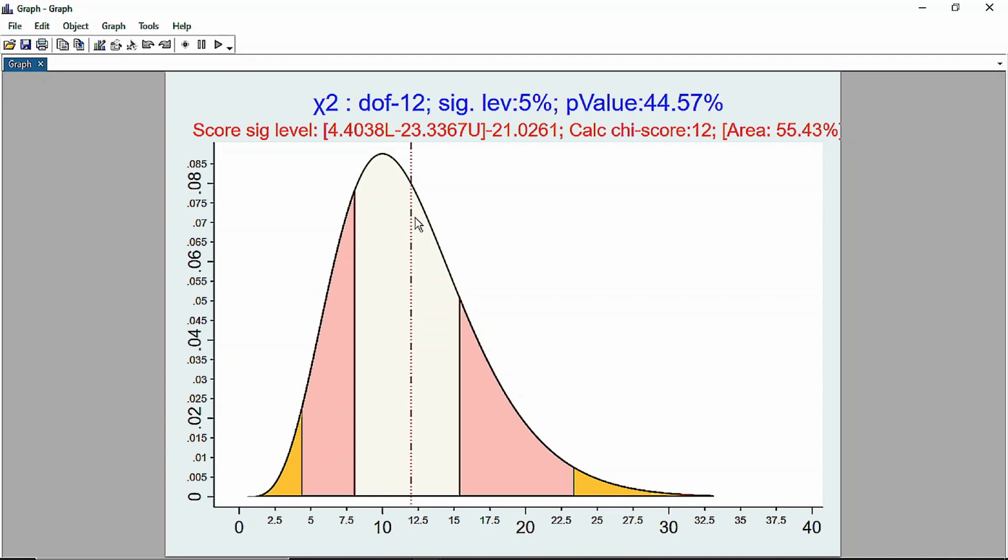This red dotted line represents the calculated chi-square 12. Towards the right of it, it covers 44.57% of the area, and towards the left of it, it covers 55.43% of the area. So in either case, we fail to reject the null.